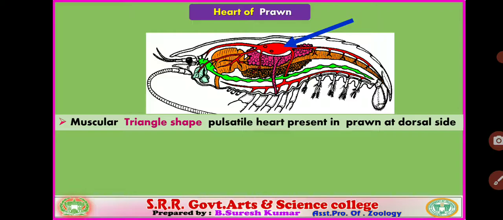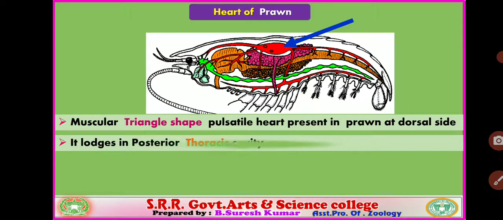Here you observe in higher animals, the heart remains at the ventral side in case of vertebrates, but these are invertebrates. So in invertebrates, the position of the heart you have to verify, that is at the dorsal side. The heart remains at the dorsal side. That is a very important point.